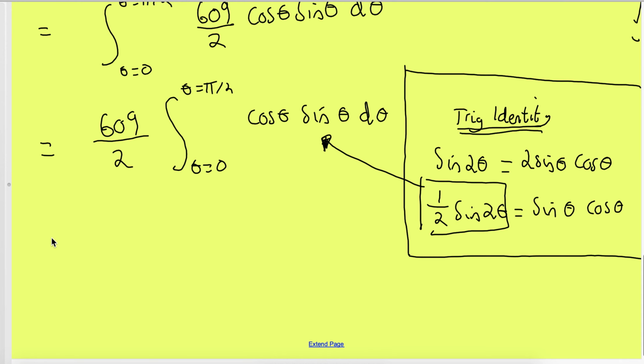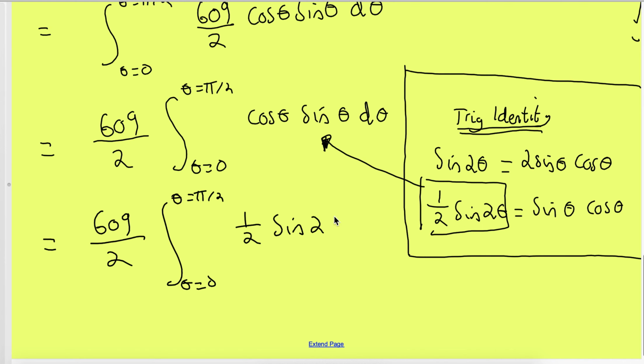Right, so that is equal to 609 over 2, the integral between theta equals 0 and theta equals pi by 2 of a half sine 2 theta d theta. Now, I can integrate sine 2 theta d theta, it's a doddle, but I'm just going to move that half outside in the same way that I did before.